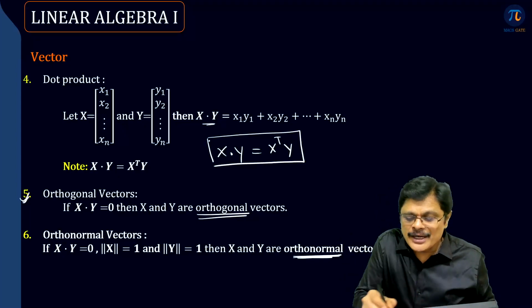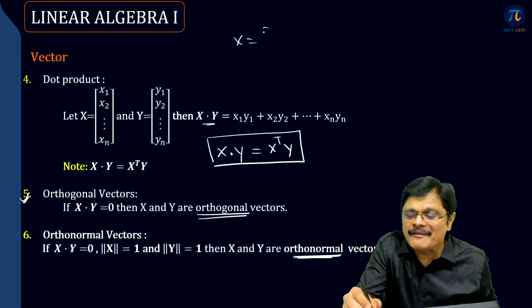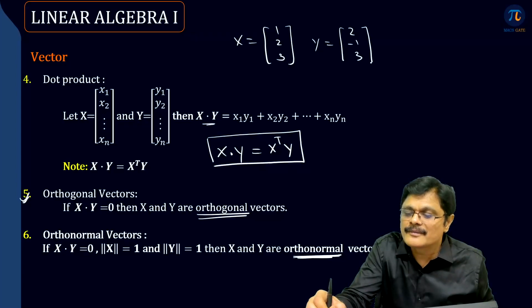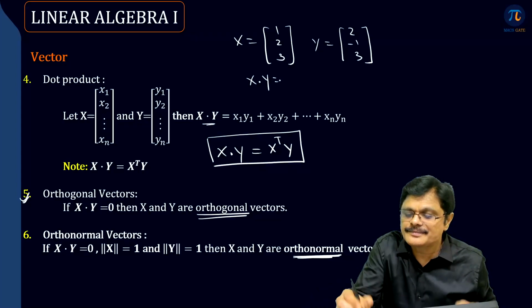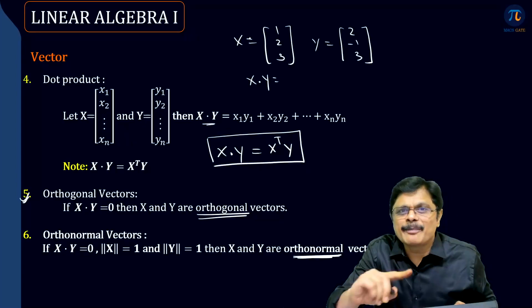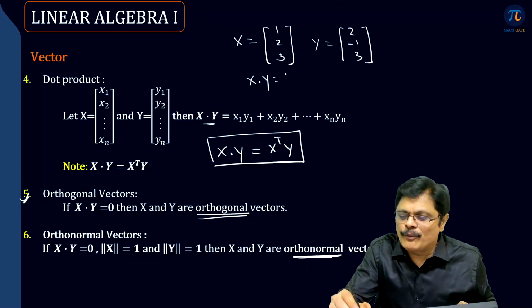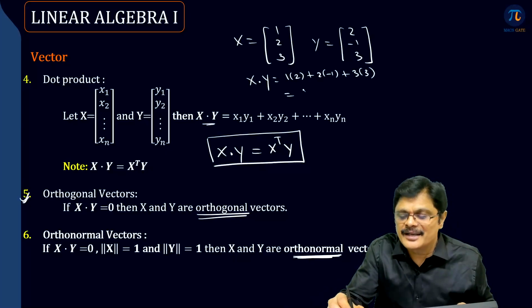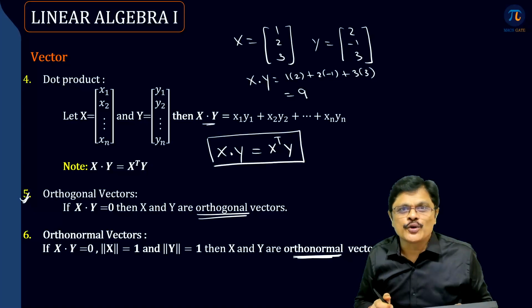So you understand what the dot product is. Suppose you have a vector x and another vector y. What is their dot product? Just multiply corresponding components and add: 1 into 2 plus 2 into minus 1 plus 3 into the last component. So what is the answer? That is the dot product of those two vectors.